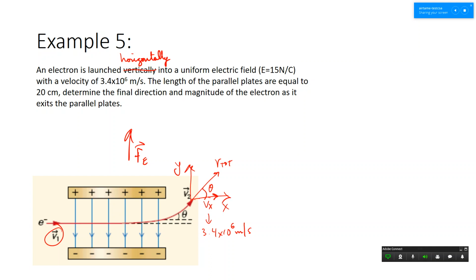What am I looking for? Not displacement, I'm just looking at the angle. So here's my Vx. What I need is, what's going to be here? Yeah, I need my Vy. And in order to find my Vy, I need my time and my acceleration. Okay.